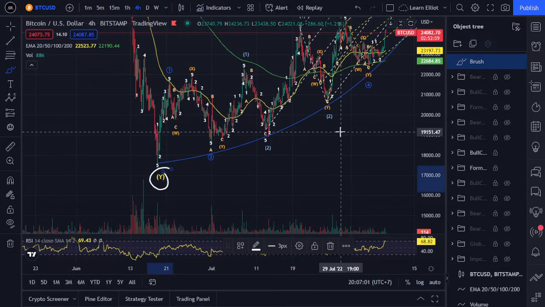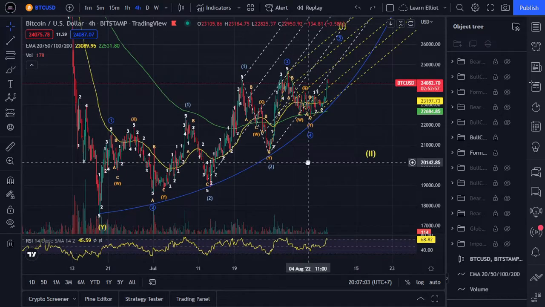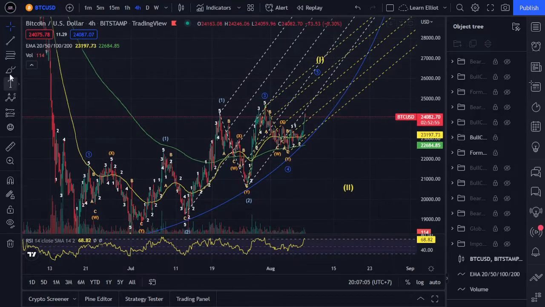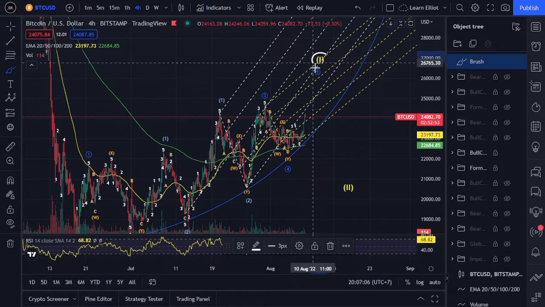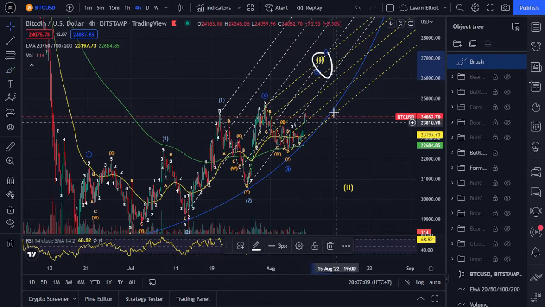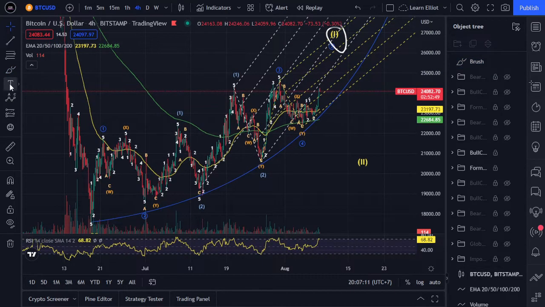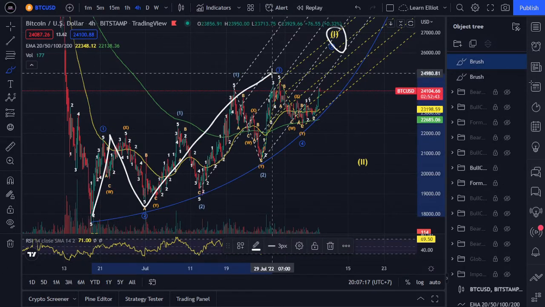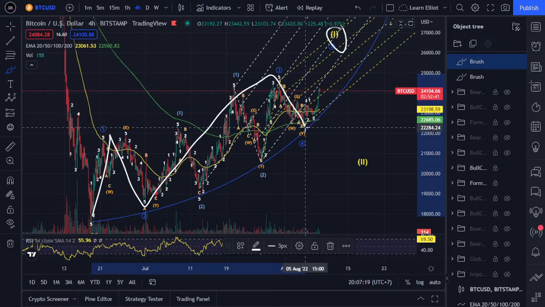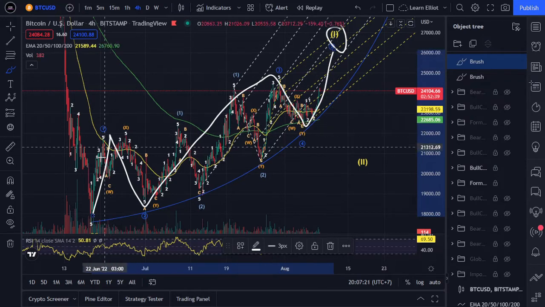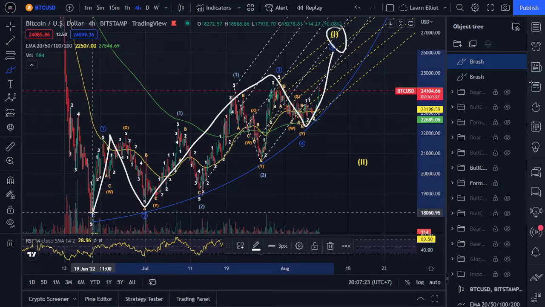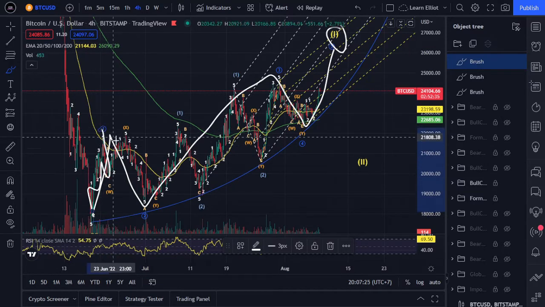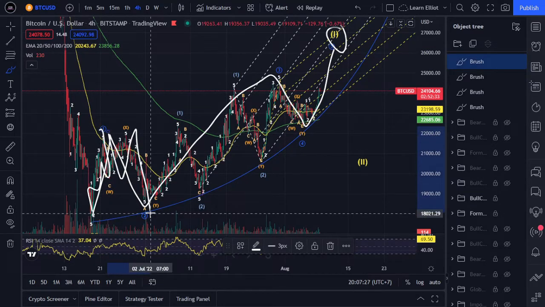Now we are in the first impulsive movement to the first wave here. Inside this first wave we have a 5 impulsive wave, which is this is a 1, a 2, and I assume this is a 3 and a 4 and a 5 around here.